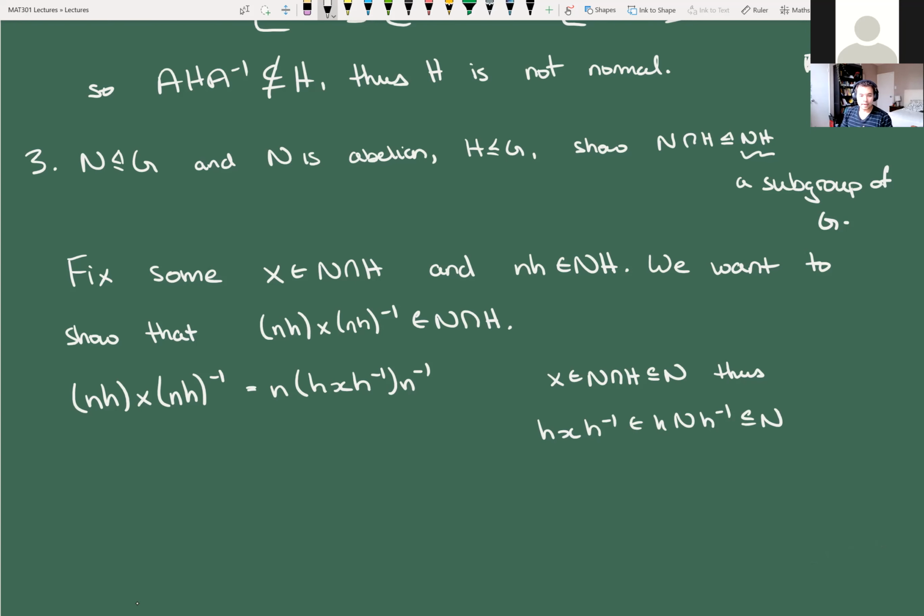Okay, cool. Now, the fact that N is abelian means that everything in N commutes. So for this one, let me move this line up a little bit just so that I can write beside it.